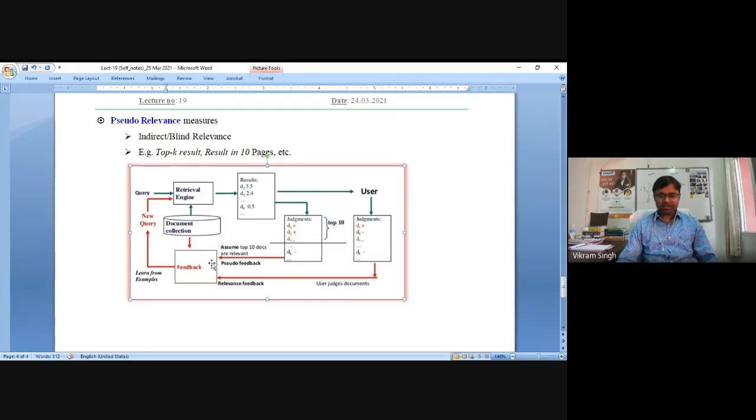You can see a feedback block is placed, and in this feedback block we are getting two inputs, pseudo feedback and relevance feedback. These two feedbacks will be utilized to generate the new set of results for the new query, right? Whenever a new query is posted by users, these two feedbacks will be utilized either to promote a certain document or to fetch a new set of results, something like that, right?